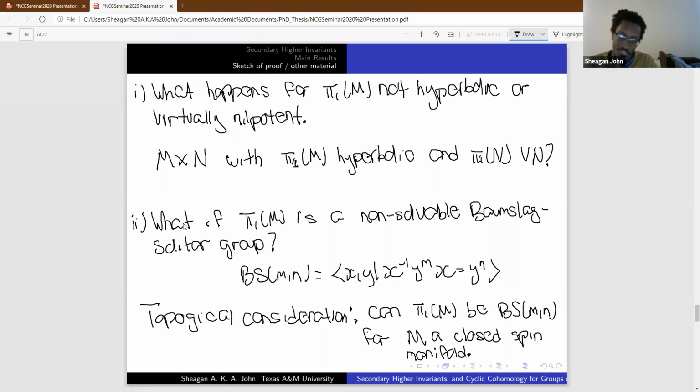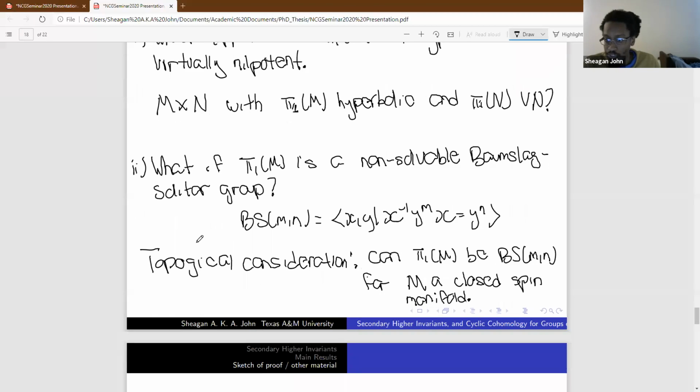So we already have to throw out all 3-manifolds as possibilities and look at higher dimensions. Okay, so I think I will stop here, and I thank you all for listening.